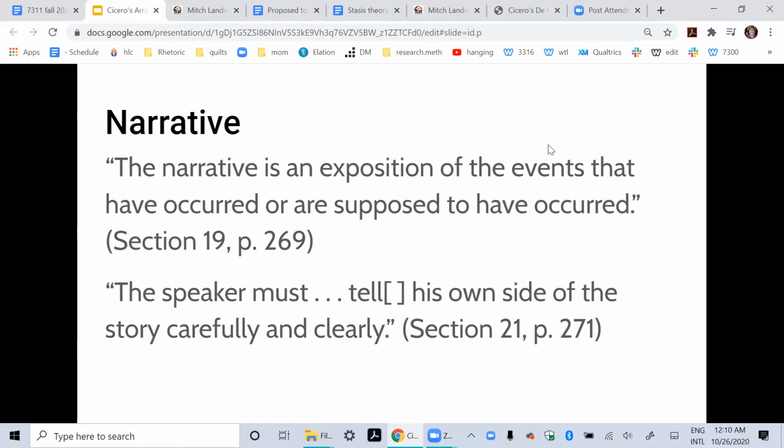But the bottom line is that the narrative is telling the story. What's the story here? Here, the story has to do with the history of Confederate monuments. And he's going to tell the story from his perspective.